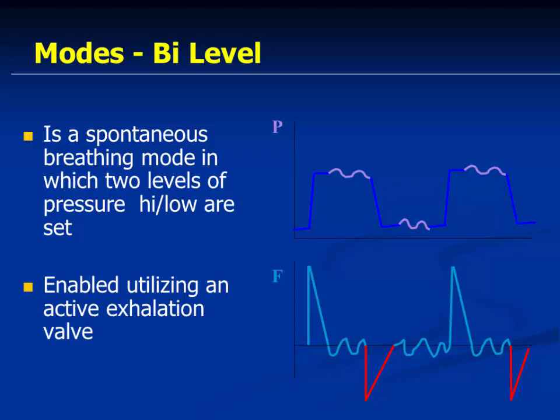And imagine if the patient is not having any spontaneous respiration, what will happen? This will work like a pressure control ventilation, because here the pressure starts rising, this is the control limit, and the pressure comes down. So this area under the curve becomes the tidal volume if the patient is not having any spontaneous breath. But if this patient is having spontaneous breaths, then of course you can see some spontaneous activity here and here.